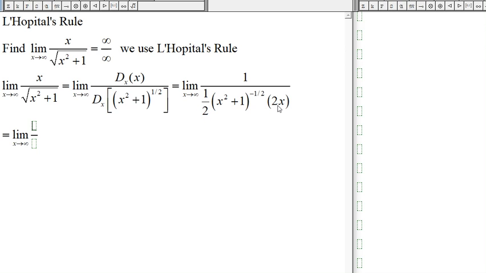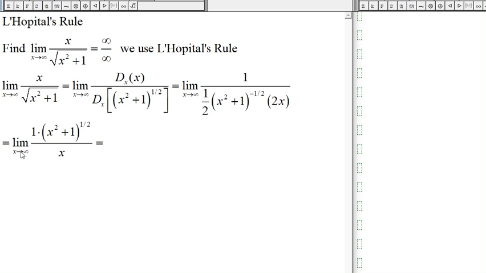One half times 2 is just 1, and this term right here has a negative exponent. If it's a negative exponent, we move it to the bottom, and then it becomes a positive exponent, and the bottom 1 half times 2x is just 2x.